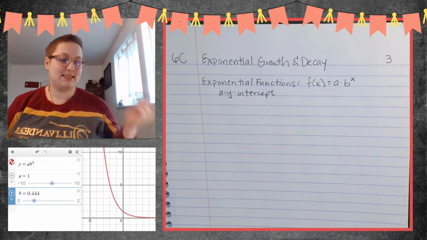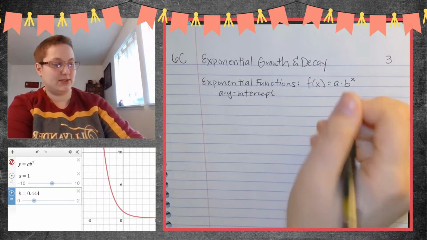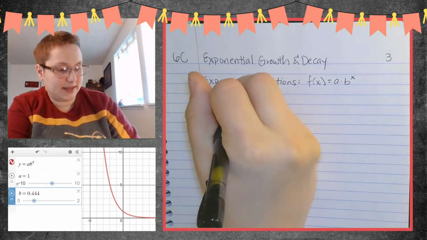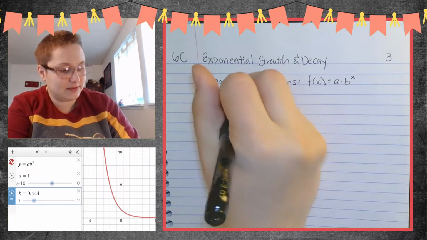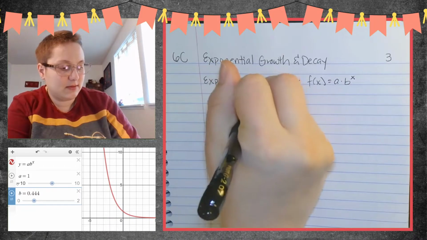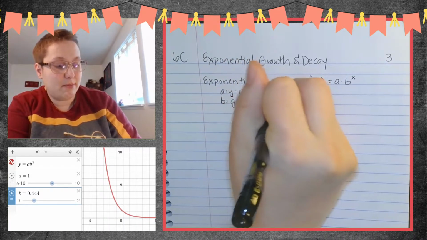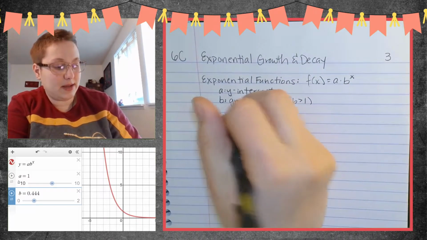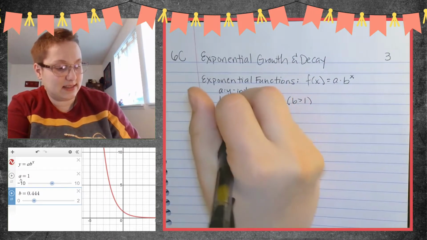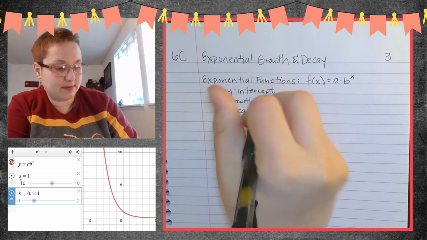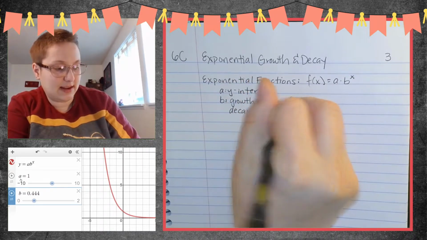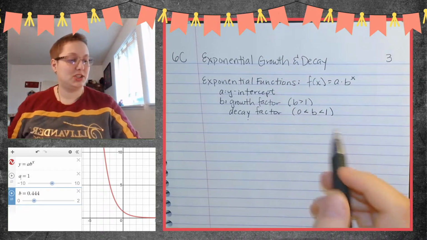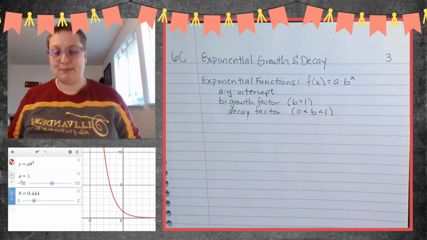Okay, so let's talk about that over here. b is the growth factor, but that's only when b is more than 1. When b is between 0 and 1, it's the decay factor. And how we write that is we say that 0 is less than b, which is less than 1. This just says that b is between 0 and 1.